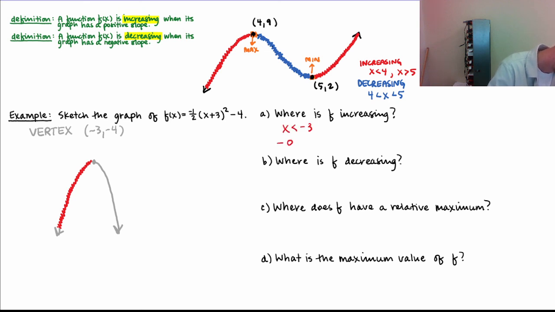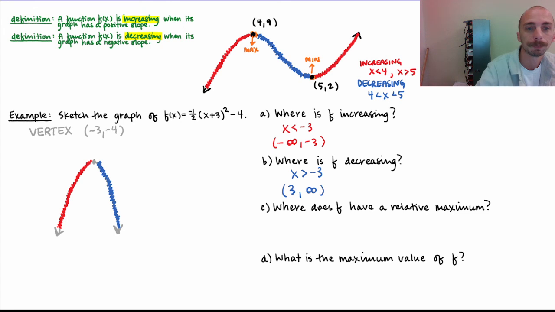We could also say that's from -infinity up to -3. f is going to be decreasing where it has a negative slope, or where as I move left to right on the graph, I'm going down. So that would be where x is greater than -3, and that would be from x equals -3 up to approaching infinity.